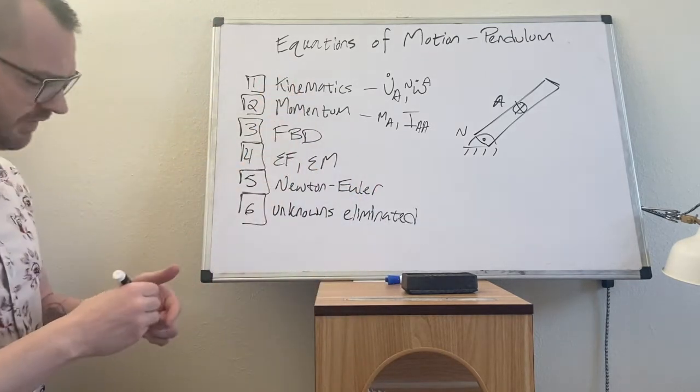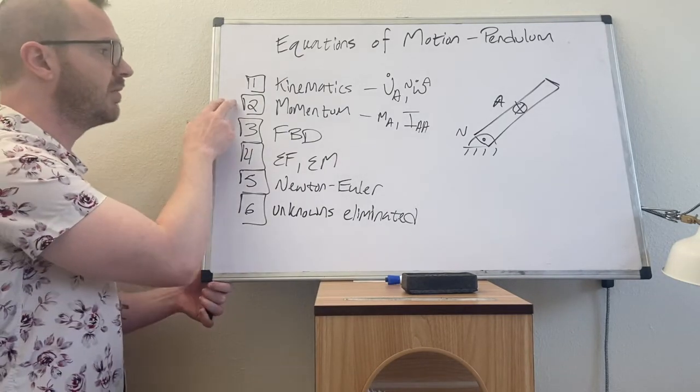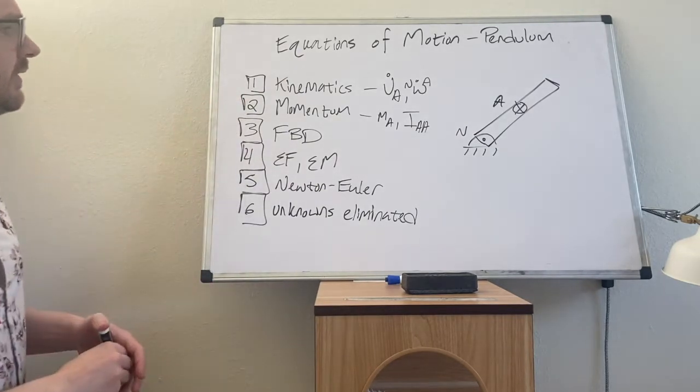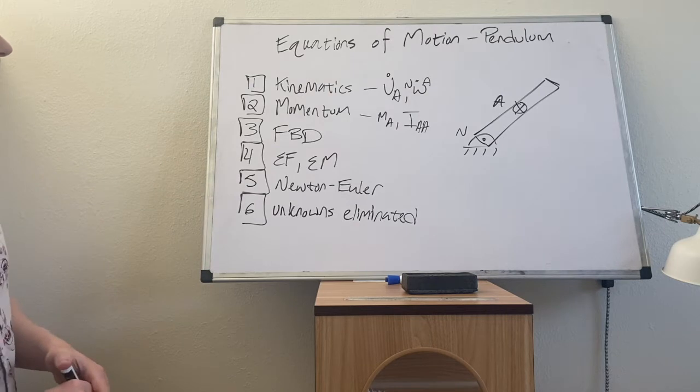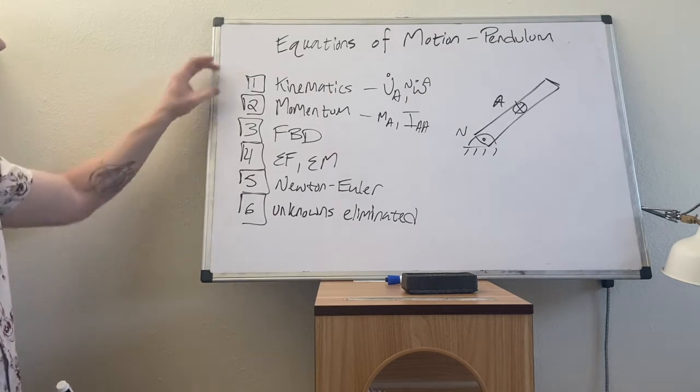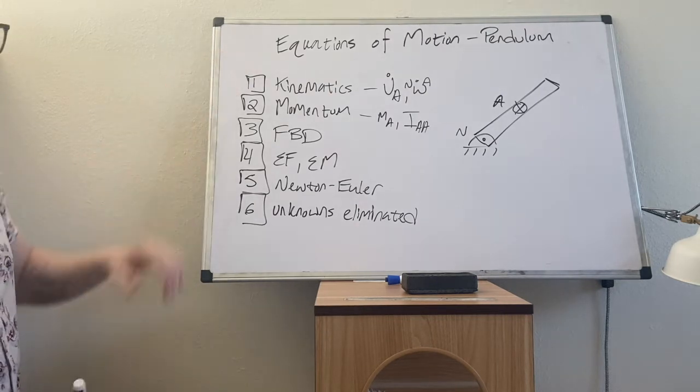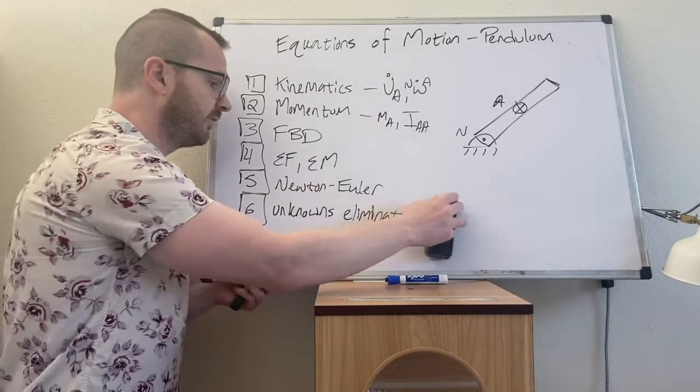And we might not do all of these things in exactly this order. For example, the momentum terms, these are basically just considerations. So let's start with number 1, and let's knock out the kinematics for this.